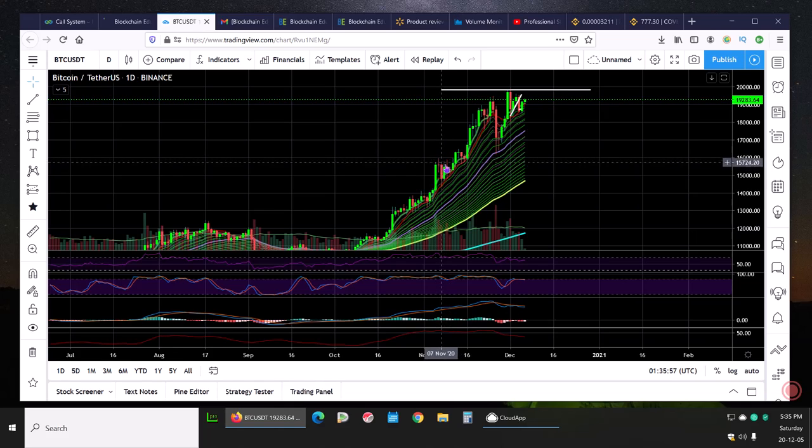Now on a red candle, it's a little bit different. It's the opposite. A red candle is a downward trend during that time period, this being 1 day. Now this candle opened at the top of the body and closed at the bottom of the body.